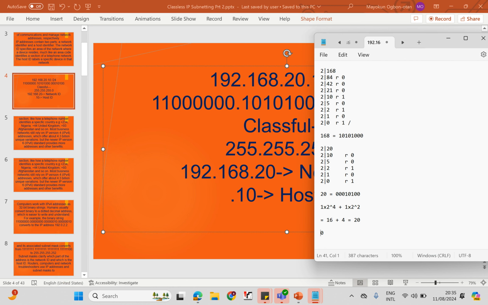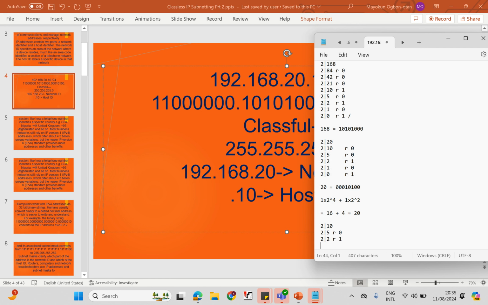so we want to convert 10 to binary now. So we say 2 goes in 10, that gives us 5, remainder 0. 2 goes in 5 is 2, remainder 1. 2 goes in 2 is 1, remainder 0.